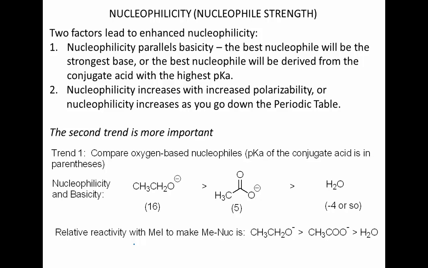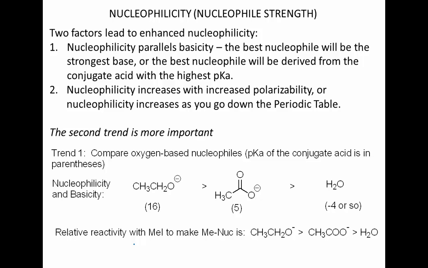Nucleophilicity also increases with increased polarizability. I'll try to explain that. That's one of the more difficult concepts to explain, but the net result is that nucleophilicity or polarizability increases as you go down a column of the periodic table. And we're going to see that the second trend is actually the more important one.